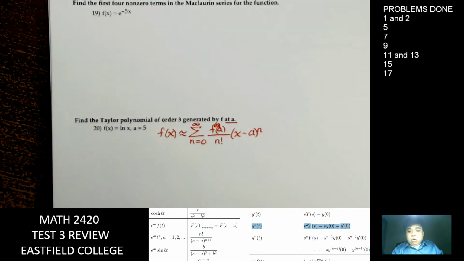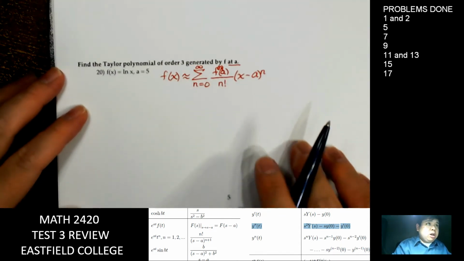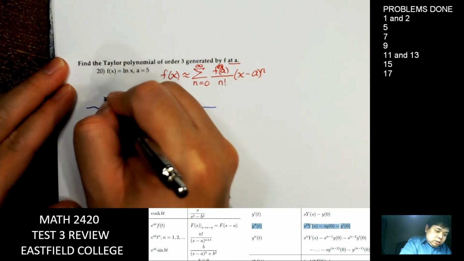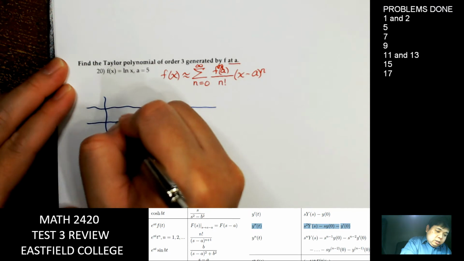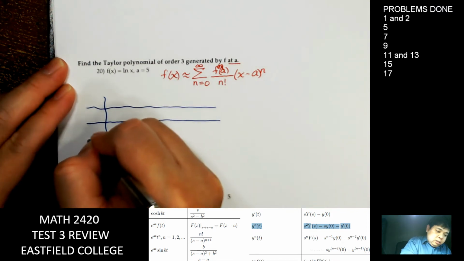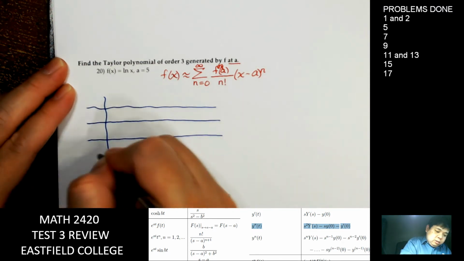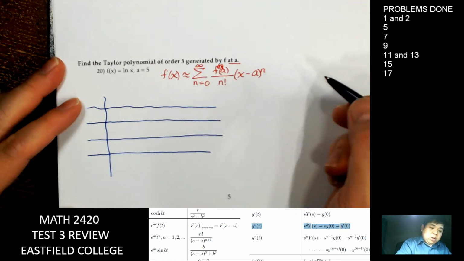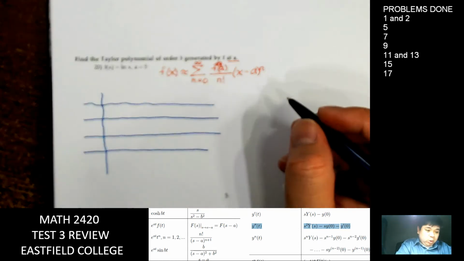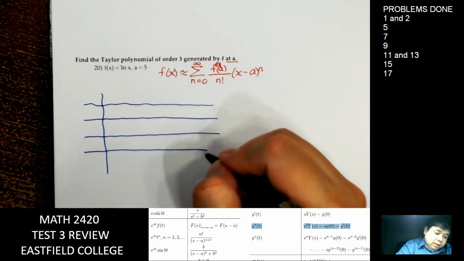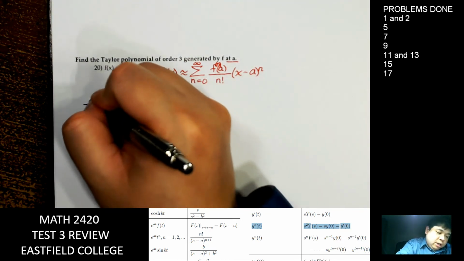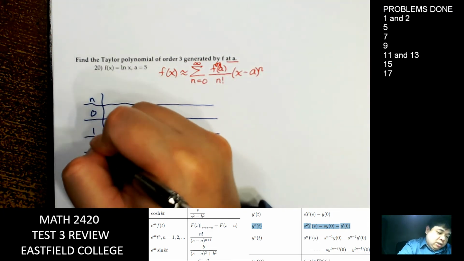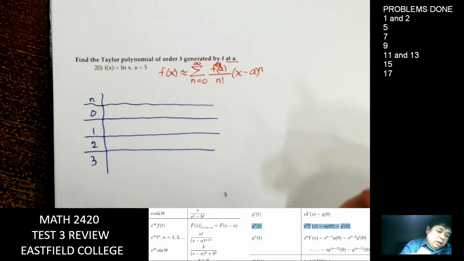Now usually I'll make a table from this. It will be as follows. Order 3, so we're going to go up to 3. Let's say n or j, whatever the index is: 0, 1, 2, 3.